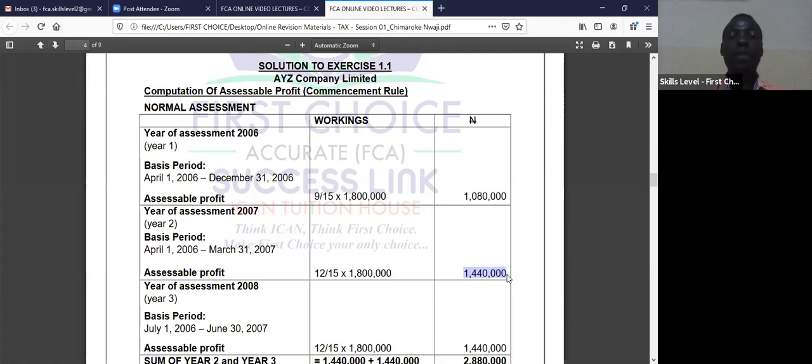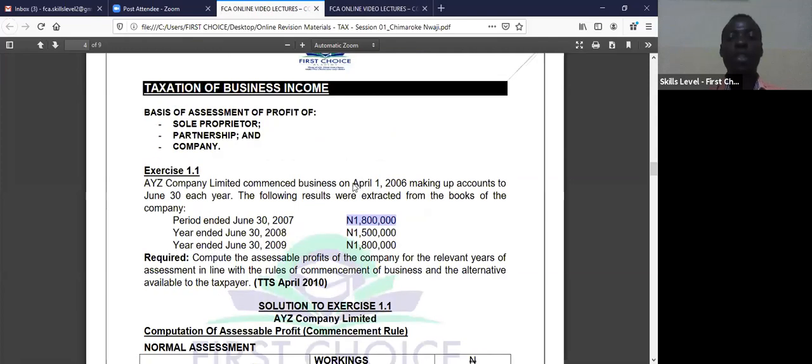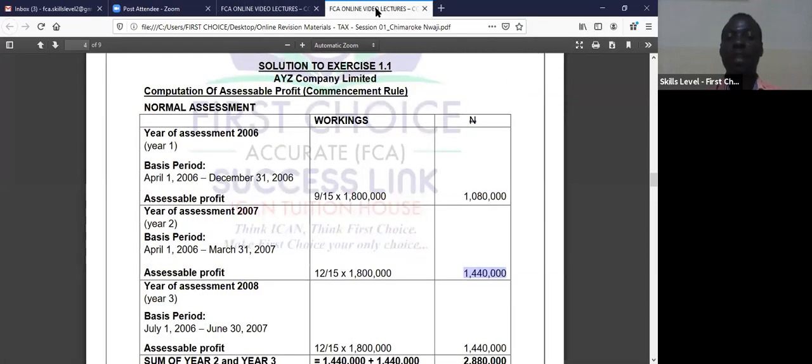Now coming to year 3, the year 3 figure does not need to consider this initially. All it needs to consider is the date the account is being made up, June 30th. So look at how year 3, which is very important for us. See this year, this is 2007.